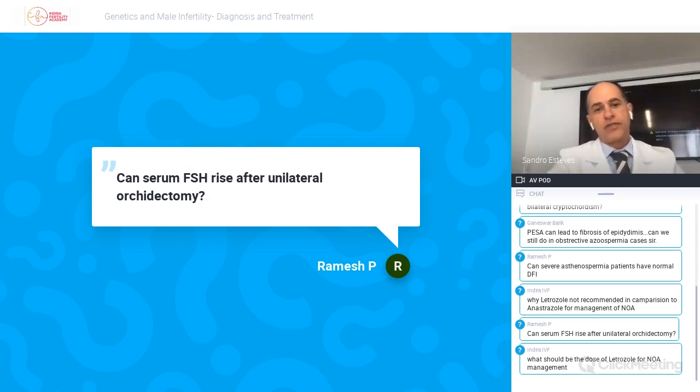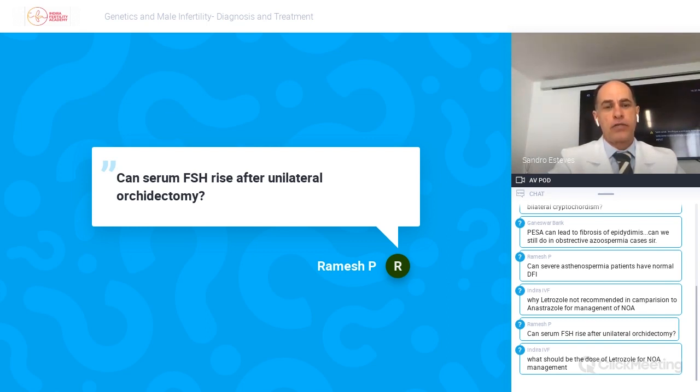Well, I think so. The serum FSH should rise after unilateral orchidectomy, but the rise won't be so remarkable. It depends on the genetic background of the patient.